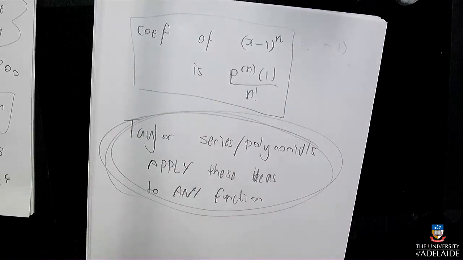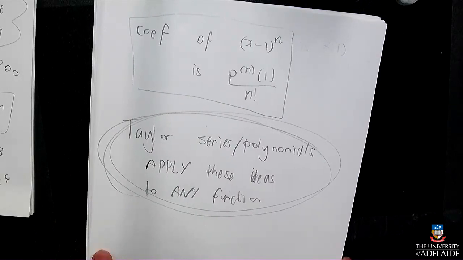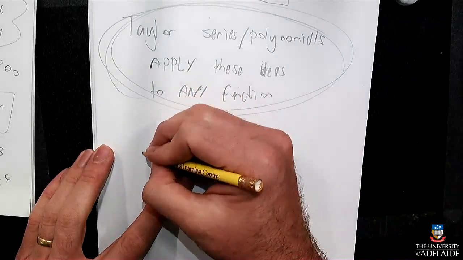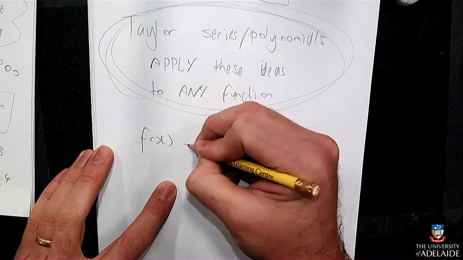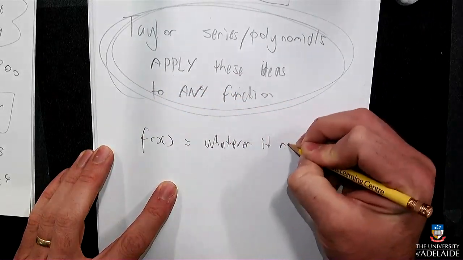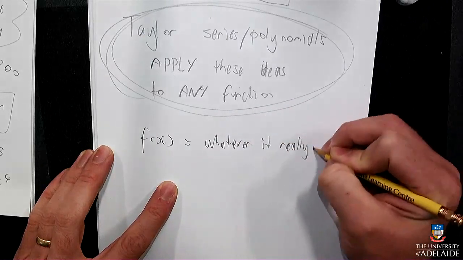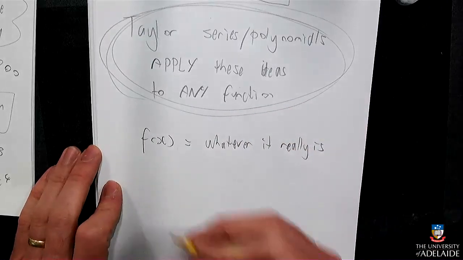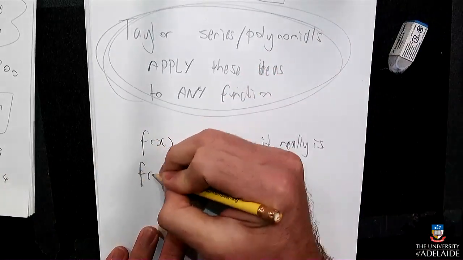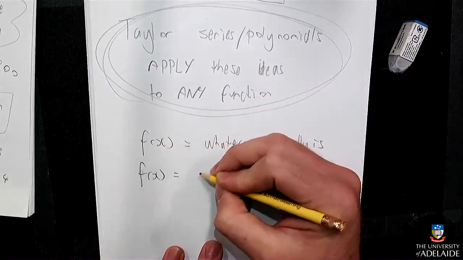So what I'm going to do is I'm going to pretend my function is a polynomial and see what the coefficients would be if it was, by doing this trick. So I'm going to say something like f of x is whatever it is. Whatever it really is. And then I'm also going to say, well, maybe let's pretend it's also a polynomial.